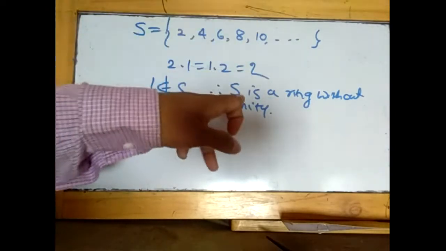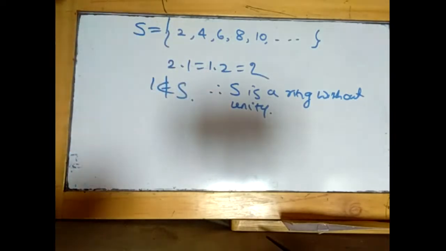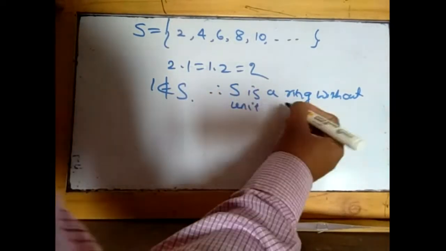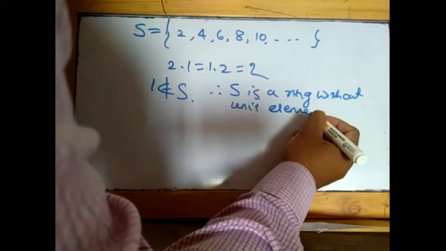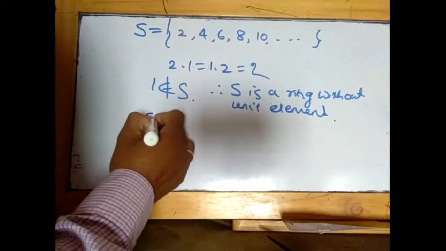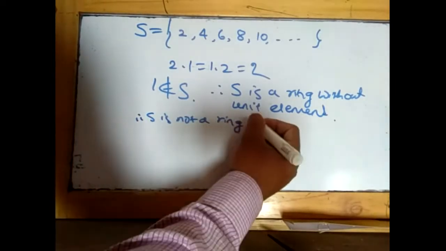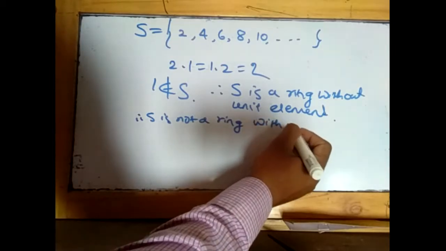So therefore S is a ring without a unit element. And therefore S is not a ring with unity.